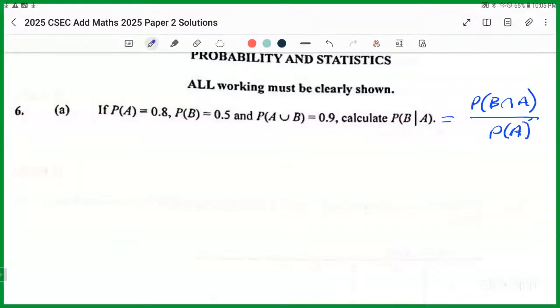Let's work out what this is first. You can get it from this relationship. Remember, the probability of A intersect B, the same as B intersect A, is equal to the probability of A plus the probability of B minus the probability of the union.